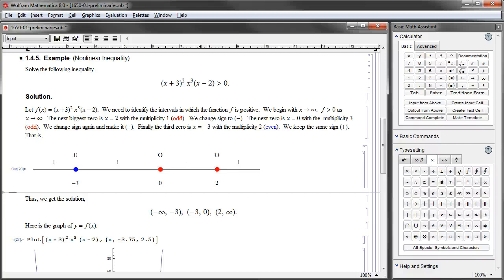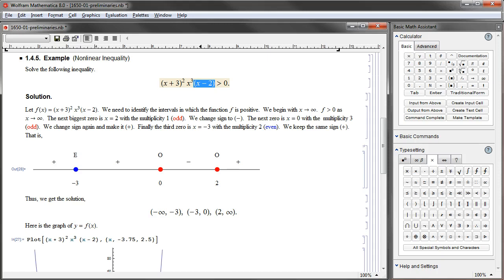I can clearly see that at x equals -3 in this diagram, we have an even multiplicity, which corresponds to this multiplicity. That's 2, so that's even. When x equals 0, we have odd multiplicity 3, and for x equals 2, I don't have anything in this power, so 1 is hidden, so that's odd multiplicity.